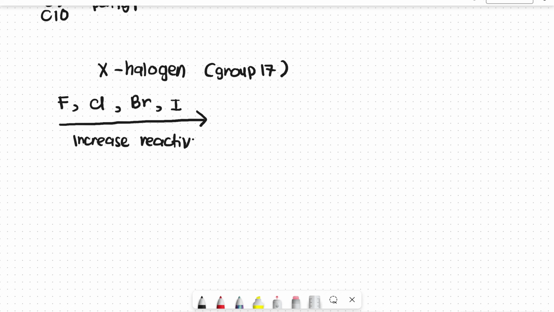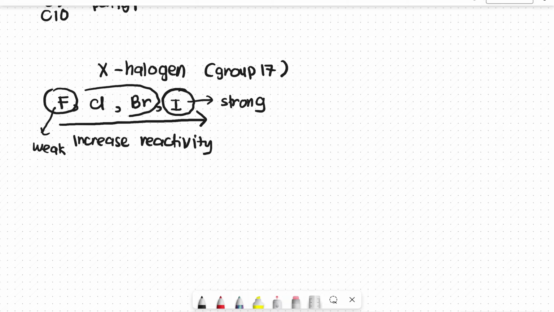So it means that iodine is the most reactive halogen. F is the weakest, while Cl and Br here are considered moderate reactivity.